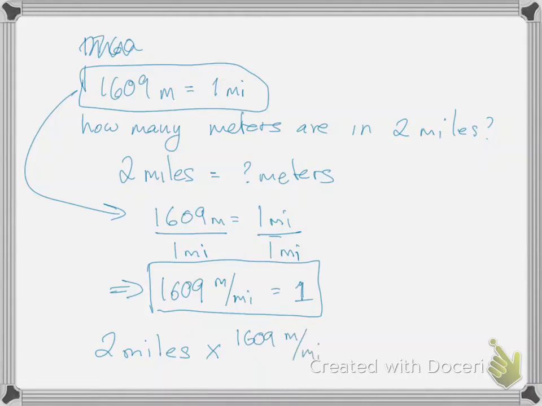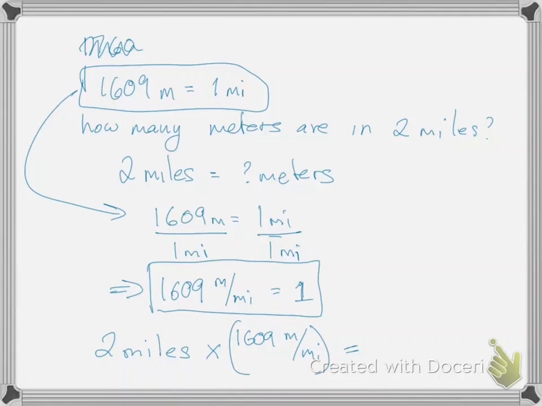When you're multiplying anything by a conversion factor, you're not changing the value, because the conversion factor is equal to 1. So 2 miles times 1 is still 2 miles. All we're doing is converting the units because we're just multiplying by 1.